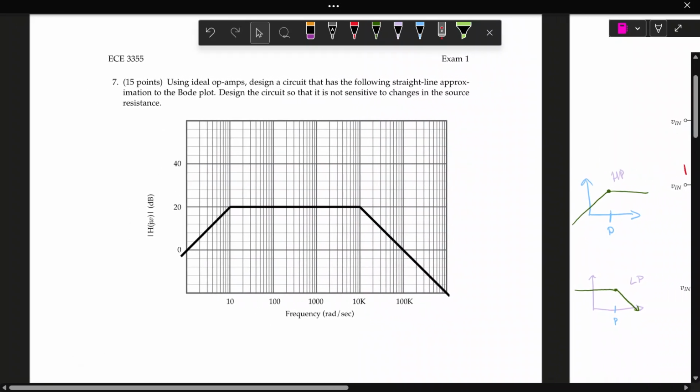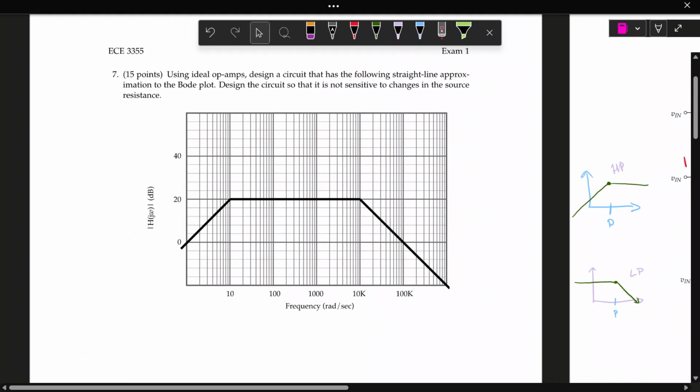But for this problem here, what we have to notice is we're going to be using superposition to create this black output figure. Okay, so what we're going to do first is we're going to create 2 of our own inputs to create this output.